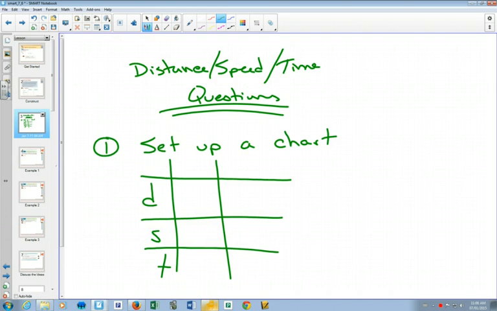Depending on the question, I think the first question, they've already given you a chart there. Edmonton to Grand Prairie, and then Grand Prairie to Edmonton. There's going to be a question where we go upstream and downstream. So the things that you're going to put up here are going to change, but this chart is going to stay the same. So we're going to set up our chart.